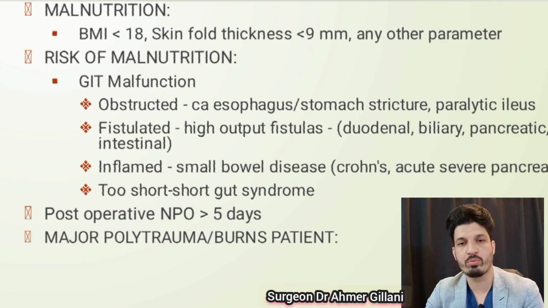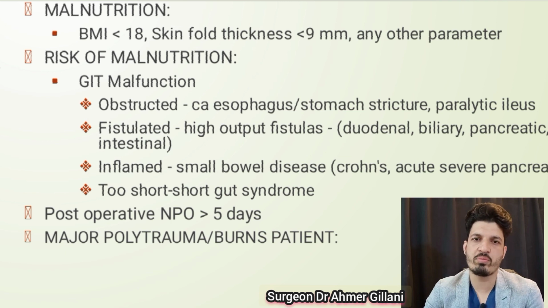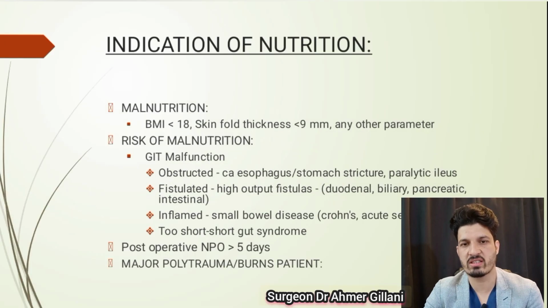Post-operative NPO: if you are prolonging the NPO for more than 5 days, then it is also an indication to start nutritional build-up. And also in case of major polytrauma and burn patients. So you can pause this slide and take the screenshot.